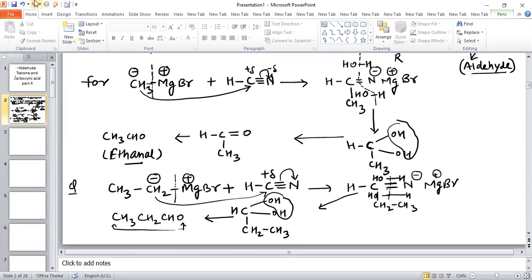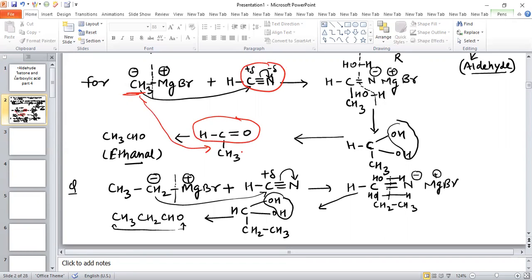This CN group oxidizes into CHO, and the group which comes from the Grignard reagent attaches on this carbon.